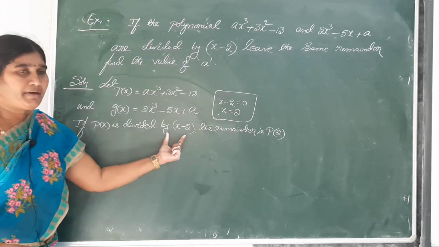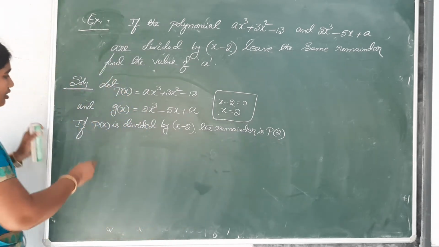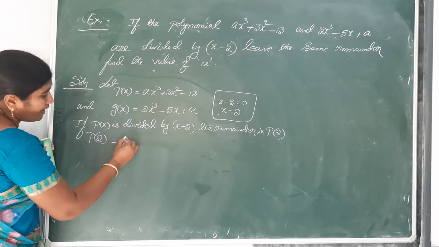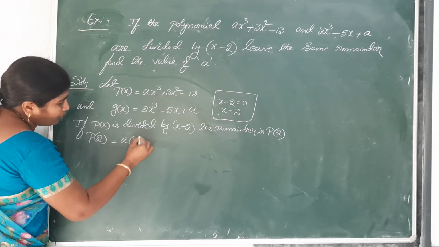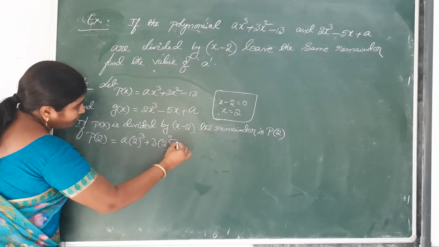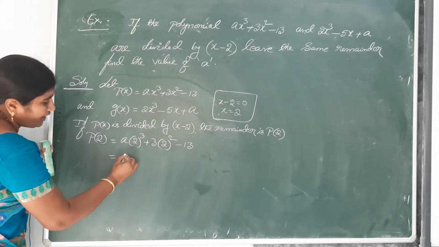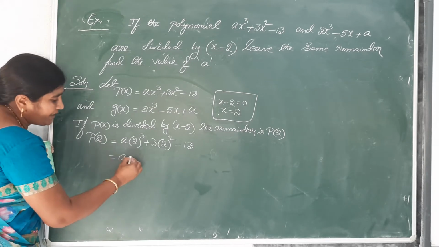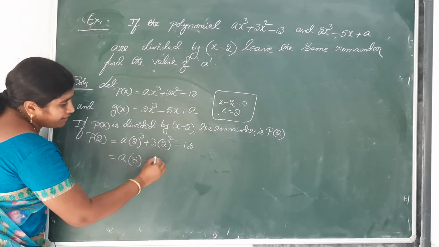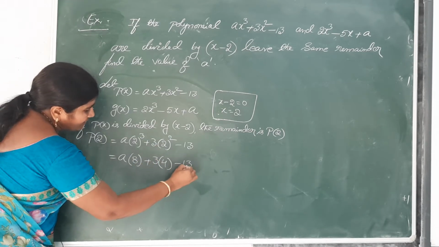If p of x is divided by x minus 2, then the remainder is p of 2. p of 2 equals a into 2 cube plus 3 into 2 square minus 13. 2 cube value is 8, so a into 8 plus 3 into 2 square 4 minus 13.